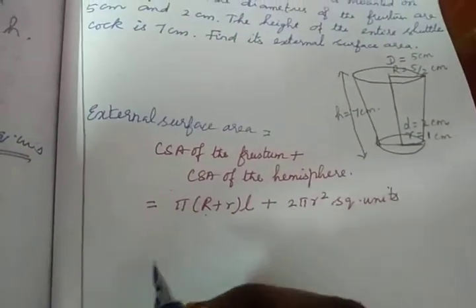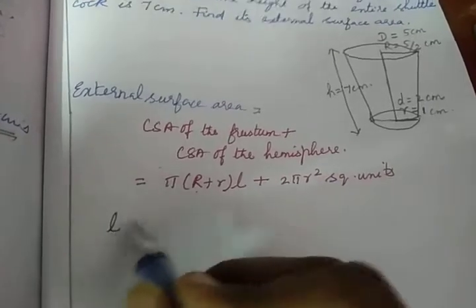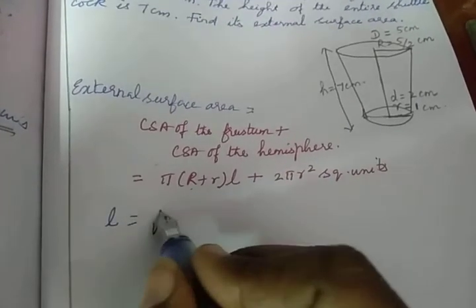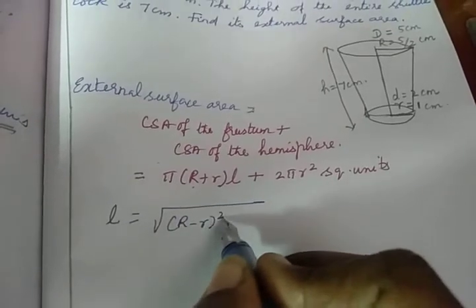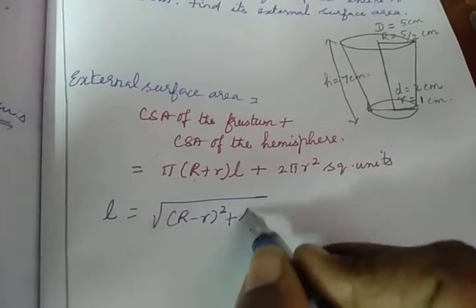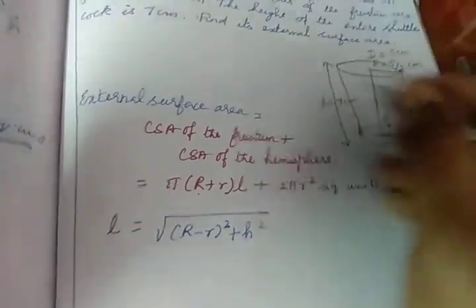To find the slant height, let us do the calculation first. Slant height L is equal to root of capital R minus small r the whole squared plus h squared. So I need the height of the frustum alone.